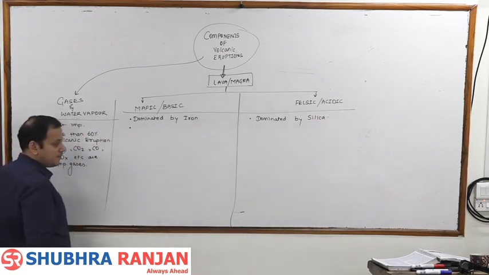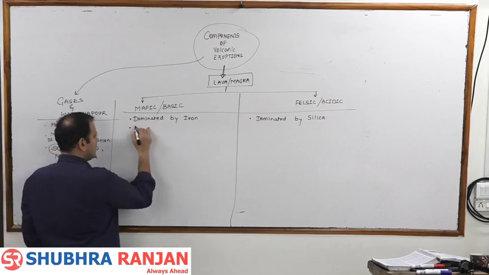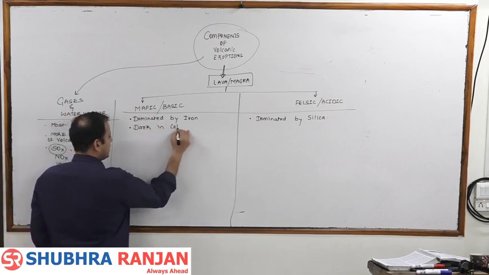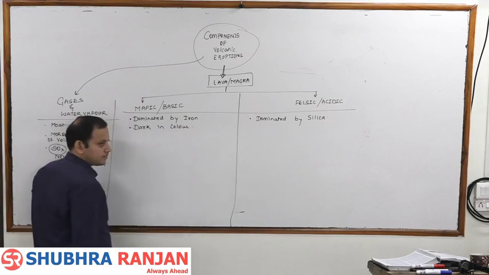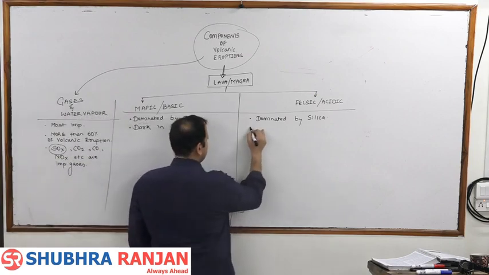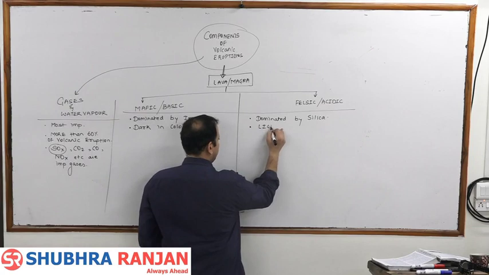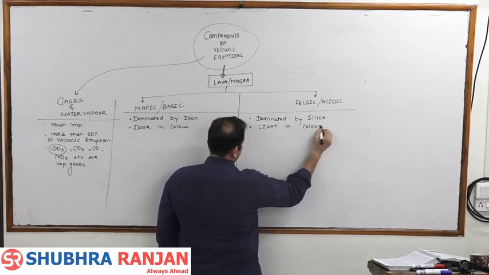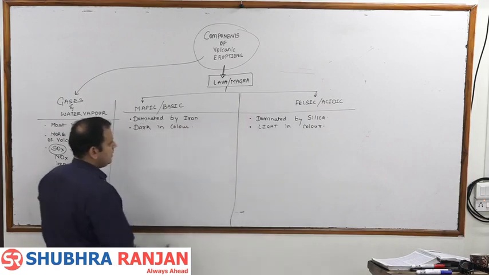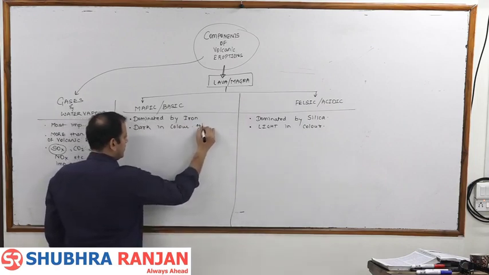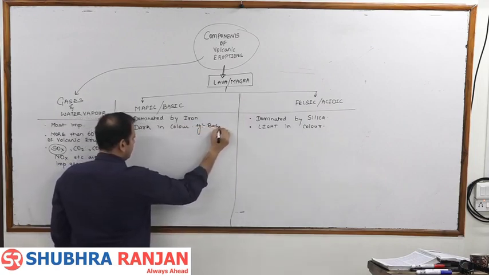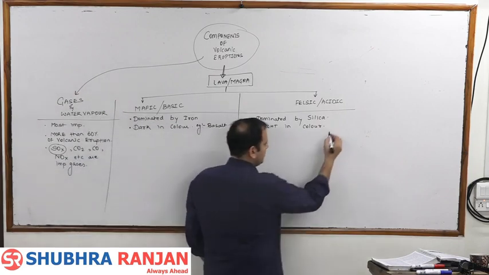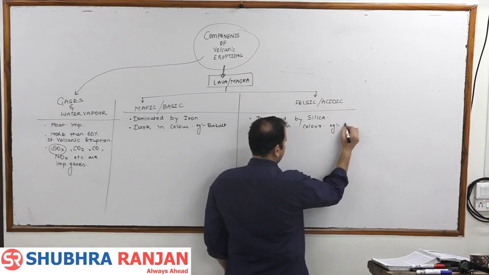Because it is dominated by iron, this is dark in color. This is light in color. इसका एग्जाम्पल बसाल्ट, इसका एग्जाम्पल ग्रेनाइट.